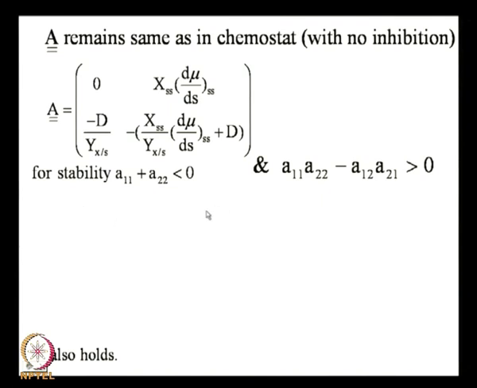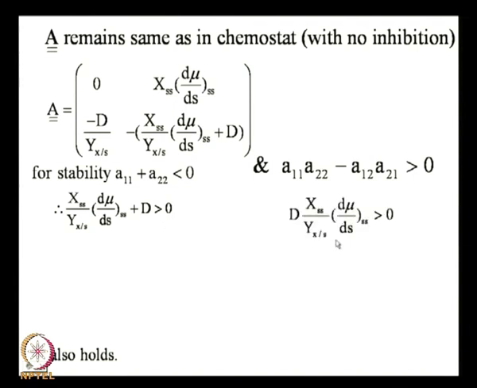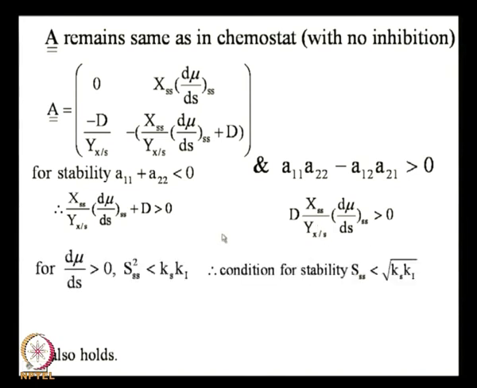Now, we cannot conclude that directly, and we have to depend on a case by case basis. So, this is my criteria now. del mu del s times x over y plus d should be greater than 0, and this one will lead to del mu del s times dx over y should be greater than 0, fine.